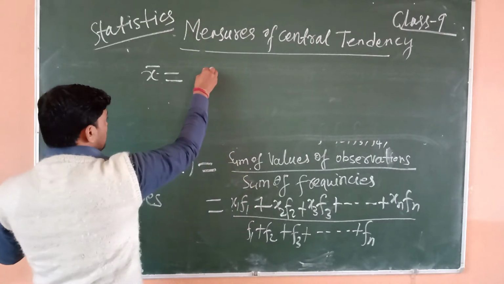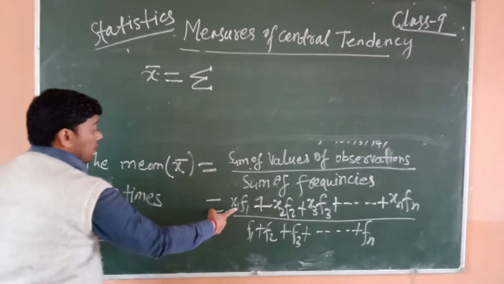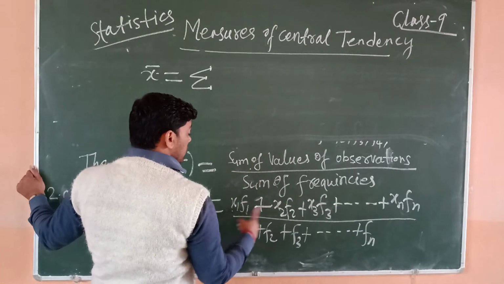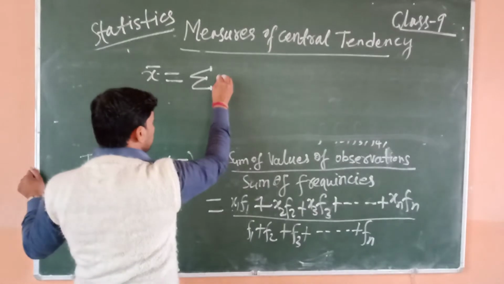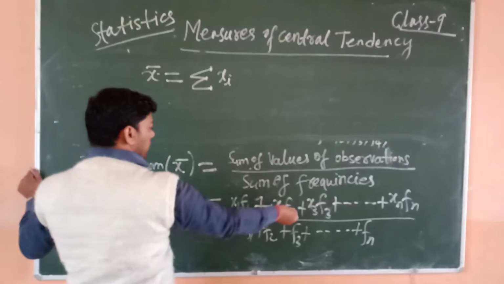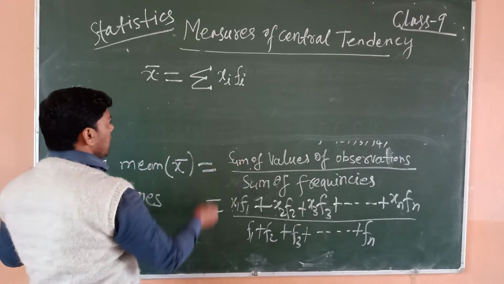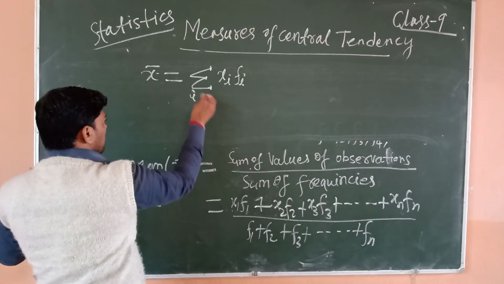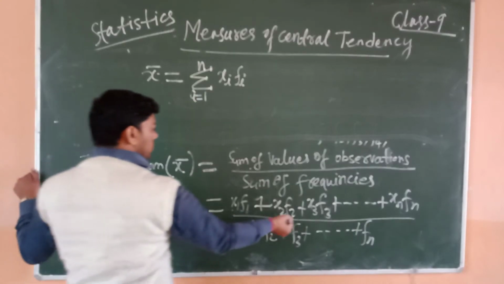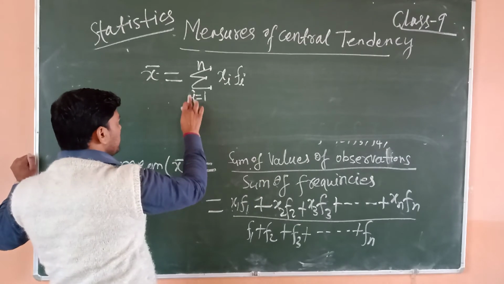There is sum, so write sigma. For x1 x2 x3 dot to xn we write xi, and for f1 f2 we write fi, where i varies from 1 to n, because 1 2 3 4 to n are subscripts.